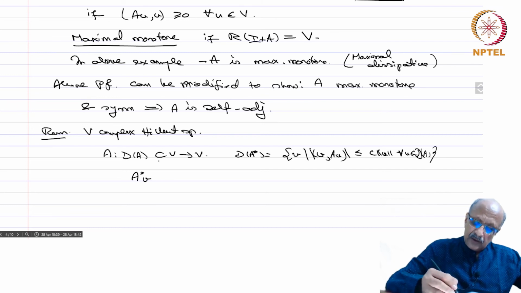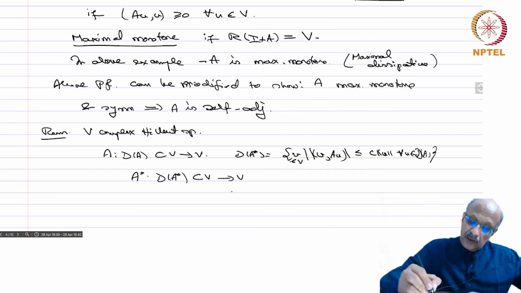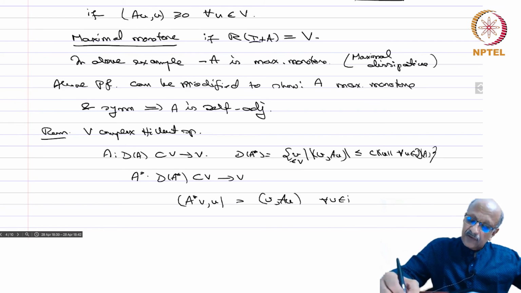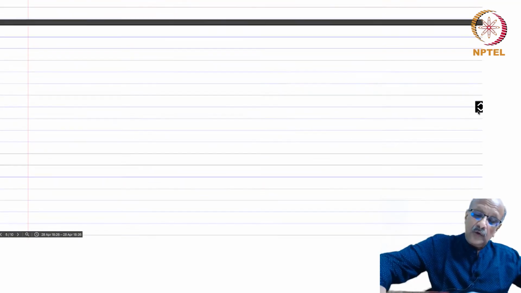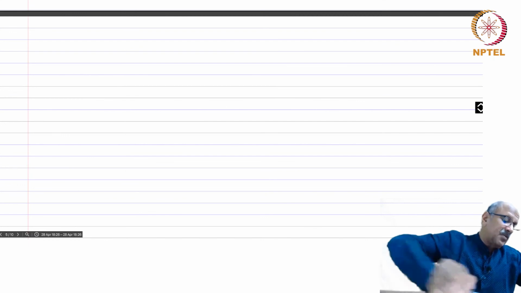So A star is now defined from D of A star contained in V into V, and (A star v, u) will be equal to (v, A u) for all v in D of A star and u in D of A. Okay, so you can still give a definition. It does not matter that we need to identify the dual, even if it is a complex Hilbert space.